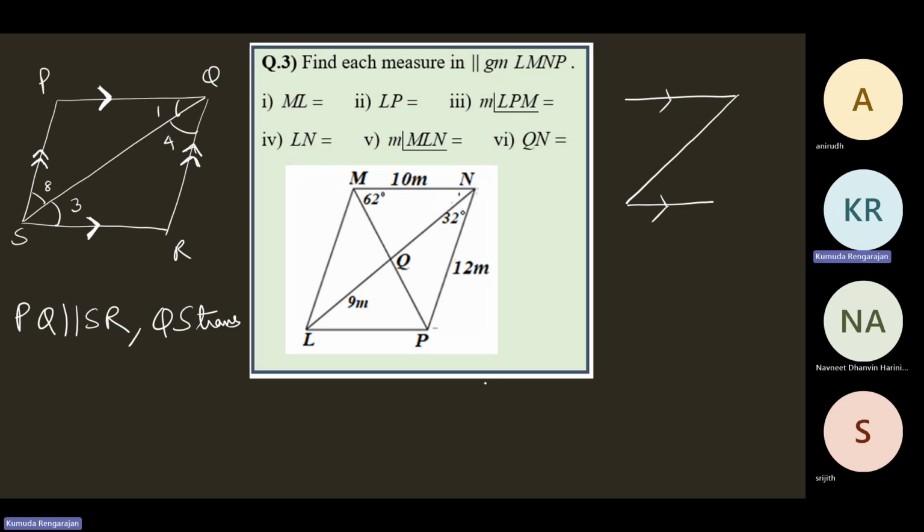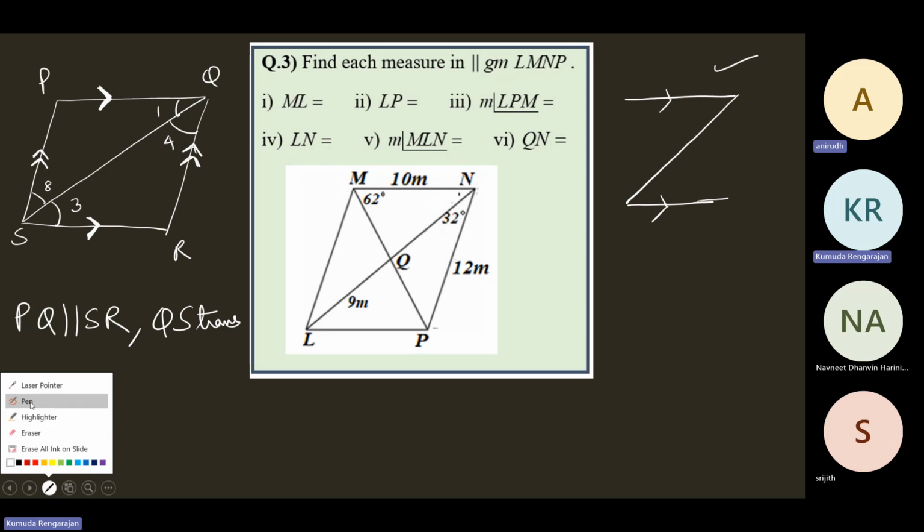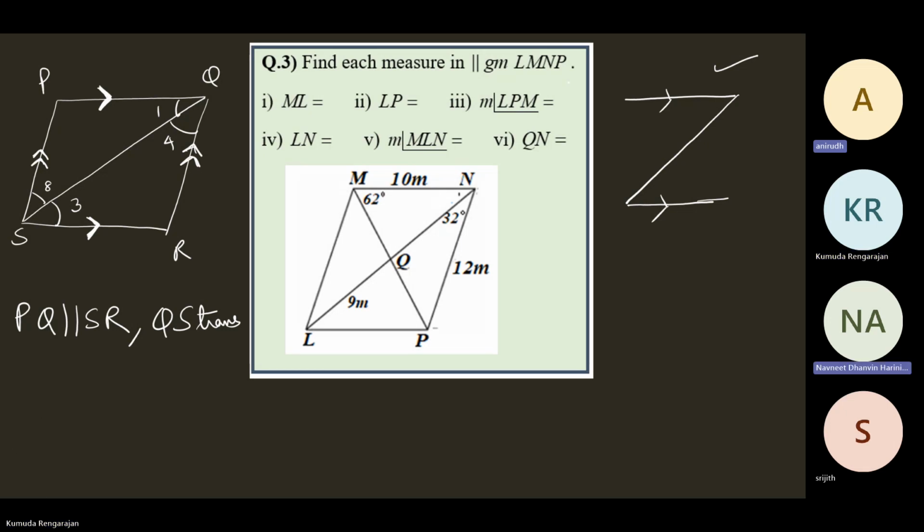Corresponding, alternate, co-interior? What kind of angles are formed here in this figure? Alternate. Correct. Because PQ is parallel to SR and QS is the transversal.